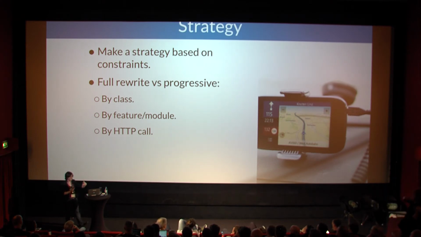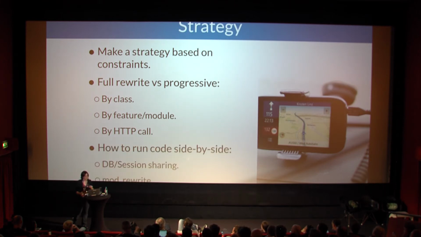You can also do it by HTTP call, because in the web, which is really nice, each call is independent from other calls. So there's no actual dependencies other than a few things that you can work around. For example, the only dependencies may be sharing your session, database, things like that. But everything else is just input. It's a request. It's an input, and then there's an output. So you input maybe a body, some headers, the URL, and then you have something come out of it.